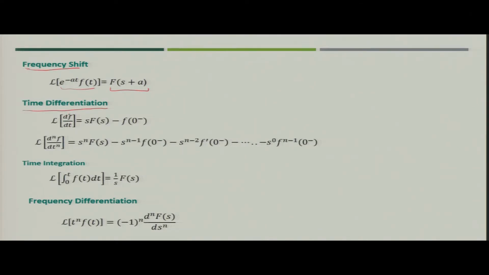The Laplace transform of df/dt is given by s F(s) minus f(0), the value of the function at 0.